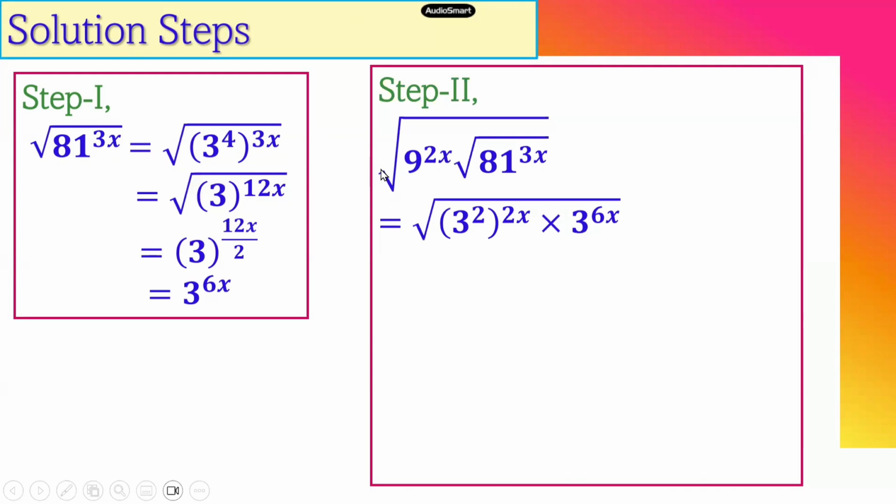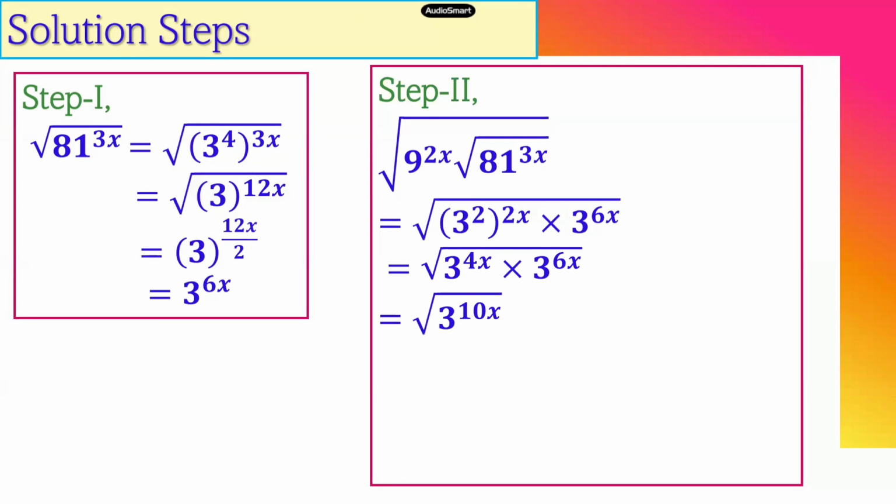So it will be 3 to the power 4x multiplied by 3 to the power 6x. So the powers will be added, and it will become 3 to the power 10x. Now 3 to the power 10x under a square root, so the power will be divided by 2. So we are getting 3 to the power 5x. So this two-level nested square root value is 3 to the power 5x.